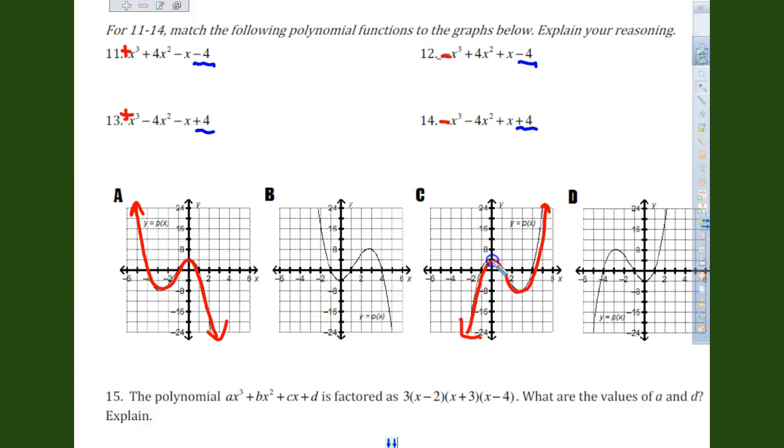So we can see here the y-intercept is positive, over here the y-intercept is negative. So we have a positive end behavior with a positive y-intercept, which would be C, right? This is going up, starting low, finishing high, and the y-intercept is at +4, which means this is still starting low, finishing high, but the y-intercept is at -4, like it says here, -4, so we know this is D.